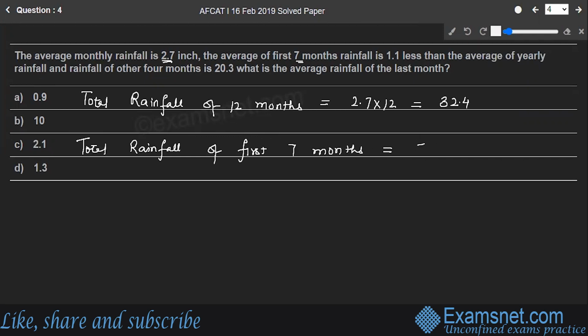How much is this? 7 multiplied by 2.7 minus 1.1, which gives 7 multiplied by 1.6, which is equal to 11.2. Okay. Now the rainfall of last month.